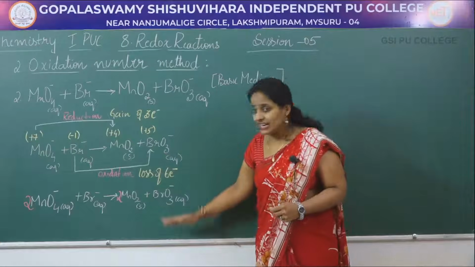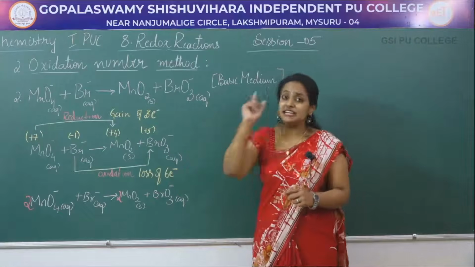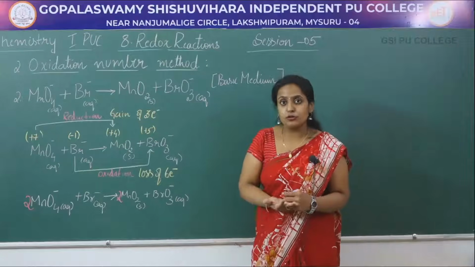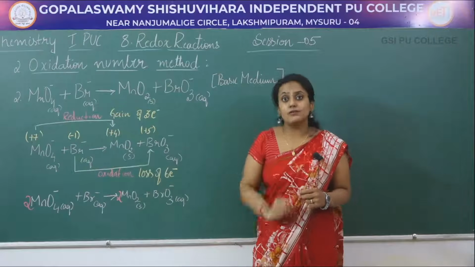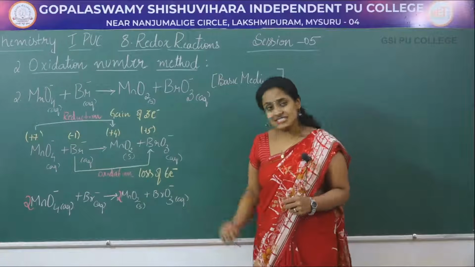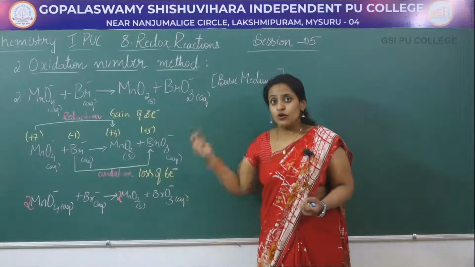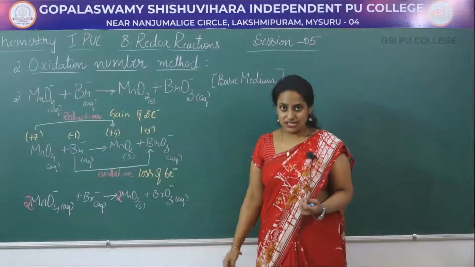Therefore, in the product side, there is a deficiency of 1 oxygen atom. How do we solve this deficiency? By adding 1 water molecule. To which side should the water molecule be added? To the side which is deficient in oxygen atoms.